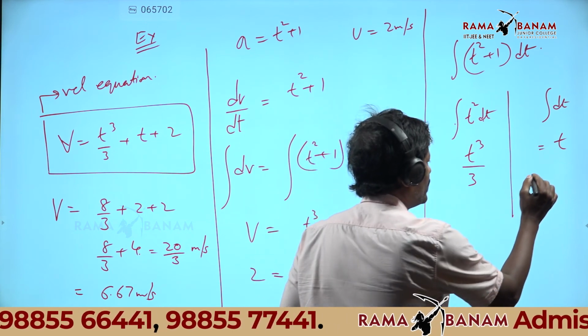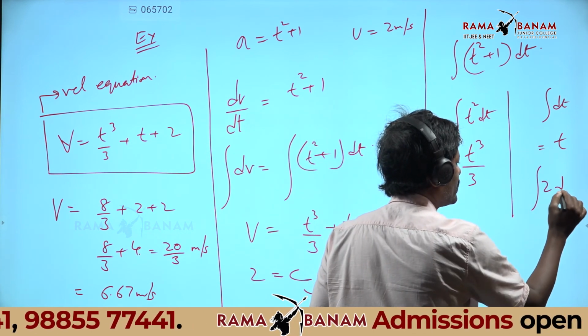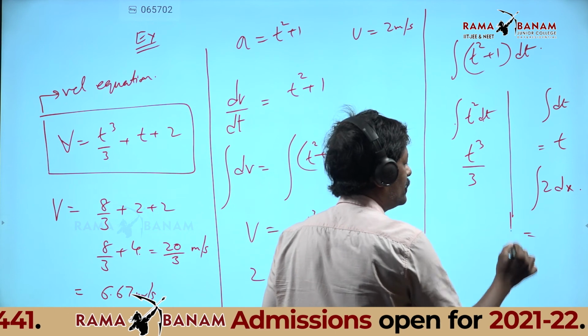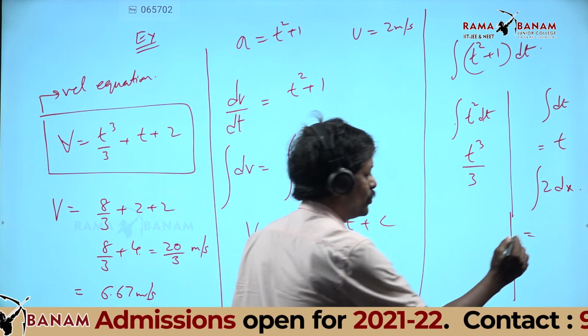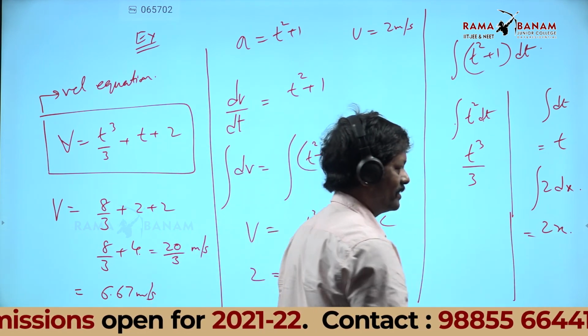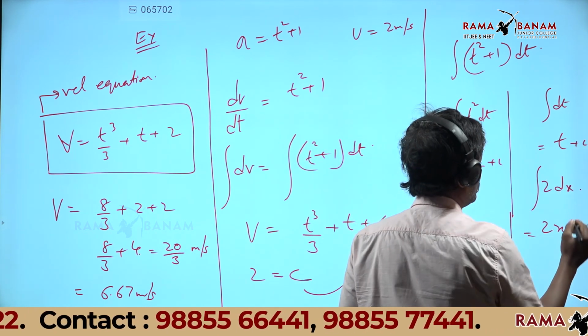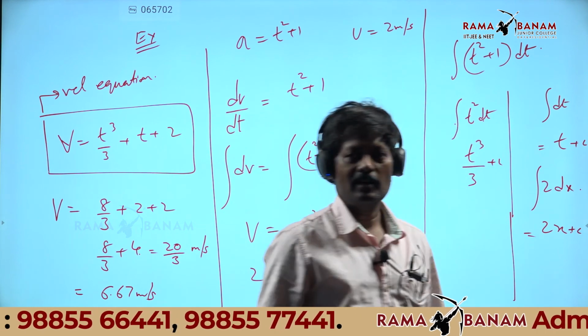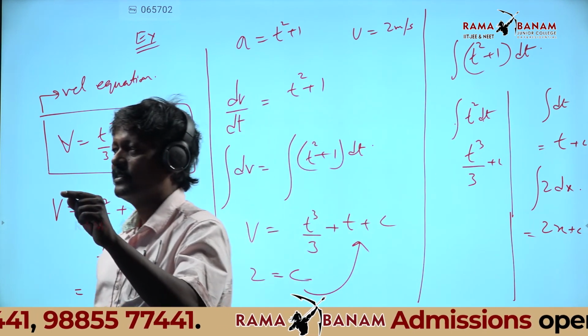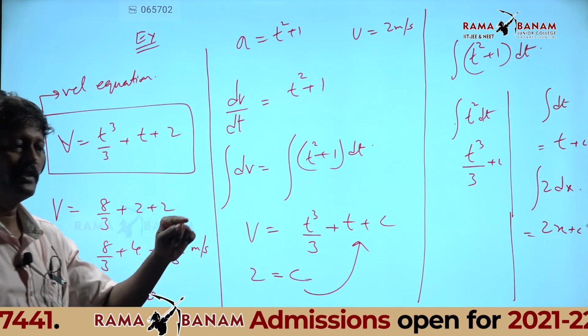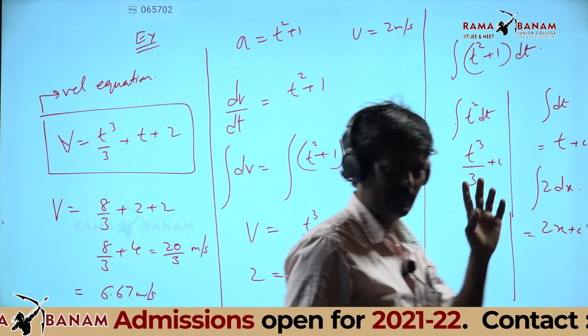If I take integral 2 dx, one of you tell me the answer for this? 2x. 2x, very good. Of course, plus c. How do you get the c? You will get c from the initial conditions given.